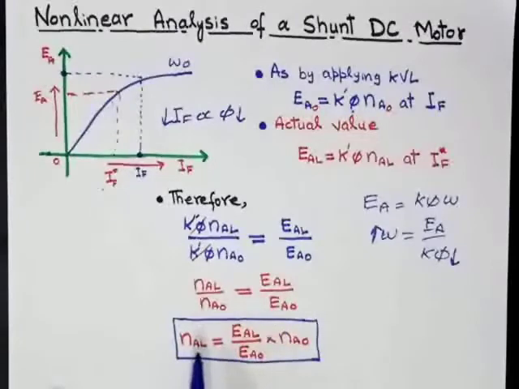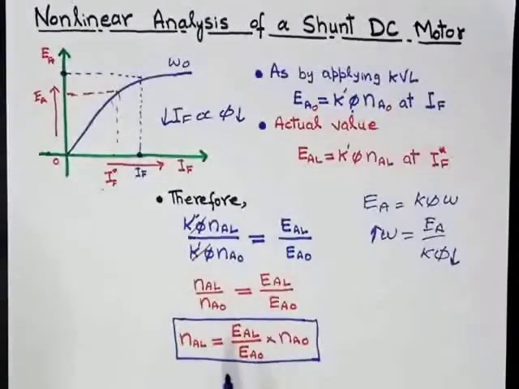Here, the speed after the armature reaction, NAL, will be equal to the actual internal generated voltage after the armature reaction, divided by the no load voltage, multiplied by the no load speed. By using this equation, we can find the actual speed of the DC shunt motor.